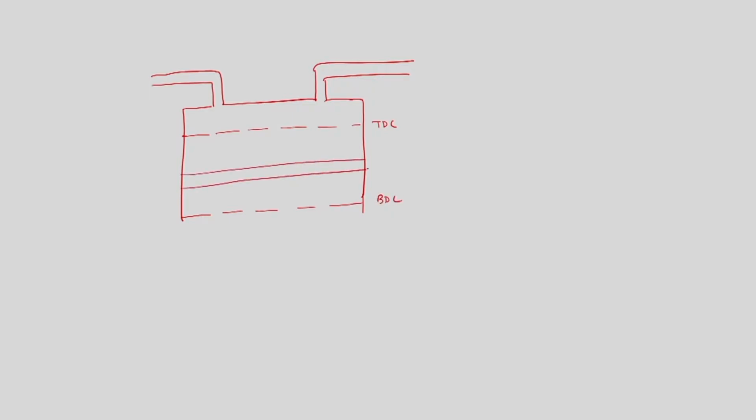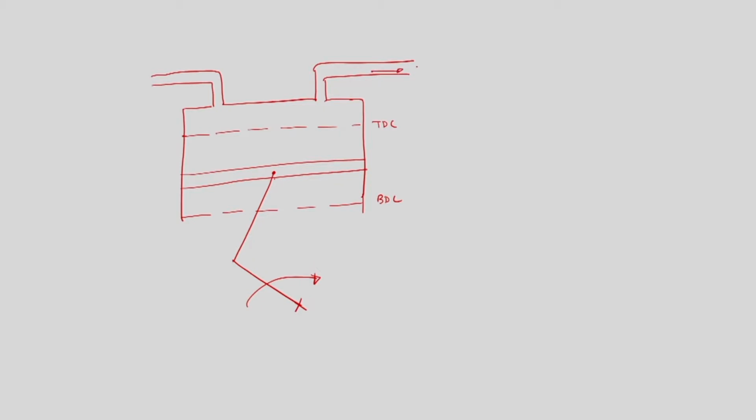So if I draw the schematic of an SI engine again, this is TDC, this is BDC, this is the piston, and the piston is moving like this.